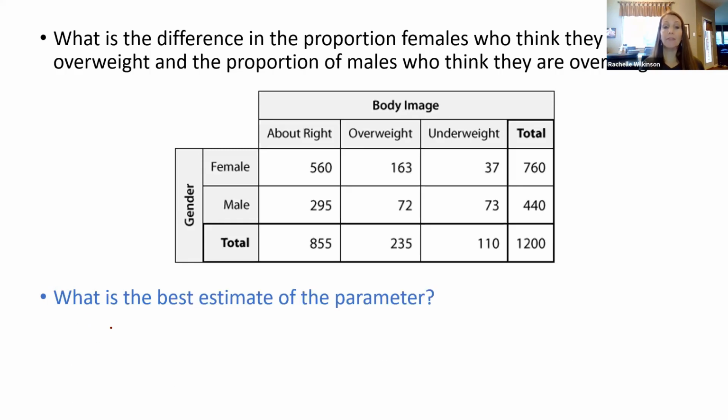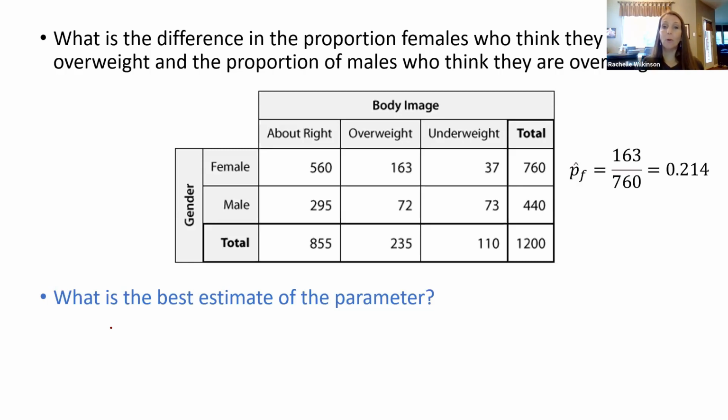Next, we're going to look at the best estimate for that parameter. And the best estimate is always the sample statistic. Remember our chart? It said that the sample statistic, when I have two categorical variables, is the difference in the sample proportions. So before I can find the difference though, I need to find each individual sample proportion. So I'm going to look at females first.